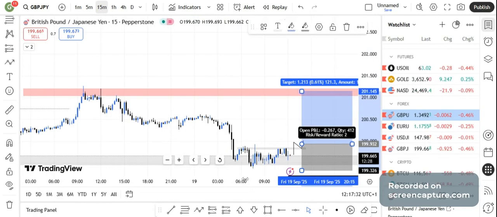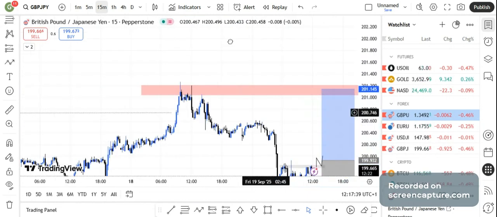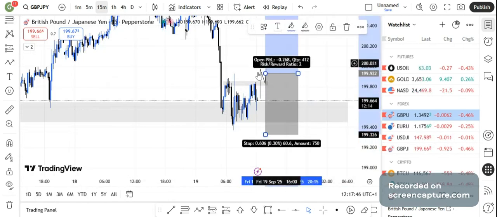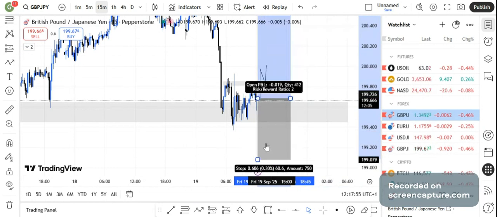And now the aggressive part of it, the aggressive entry. If you want to take an aggressive entry, you just have to take a trade. If I'm to trade this GBP JPY now, I'm going to take my aggressive entry right here and place my stop loss right here.